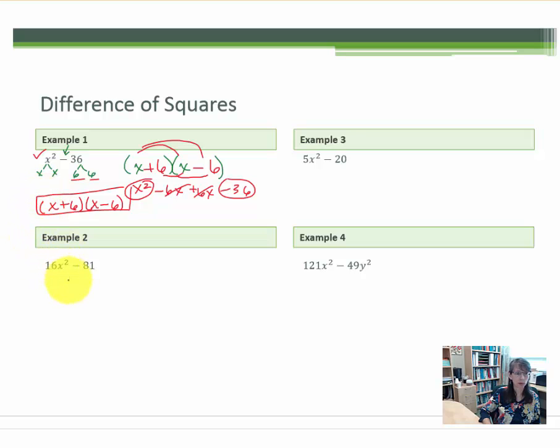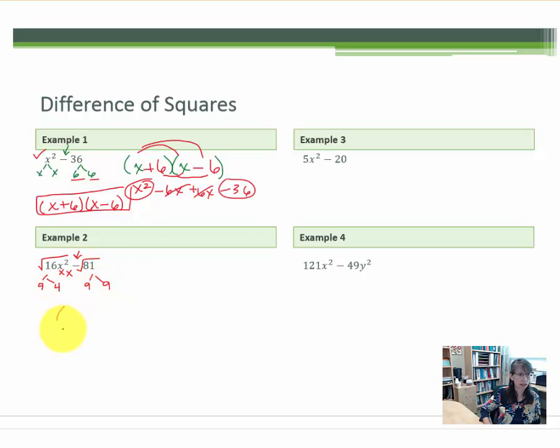In example 2, we have 16x squared minus 81. We do have subtraction, so that's a good indicator it could be a difference of squares. Then think about square roots. Do we have numbers and variable terms that are perfect squares? 16 comes from 4 times 4. X squared is x times x, so that looks hopeful. 81 is 9 times 9.